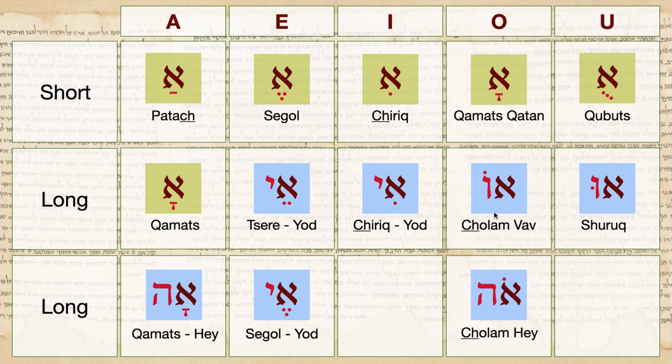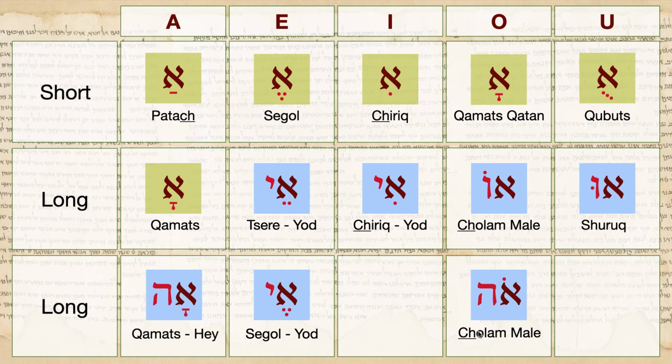So you have this cholam, and you add a he letter, this cholam he, which is also pronounced as a long o sound. So both of these, cholam vav and cholam he, together could be called cholam male. Don't worry about the names. You can remember the names.